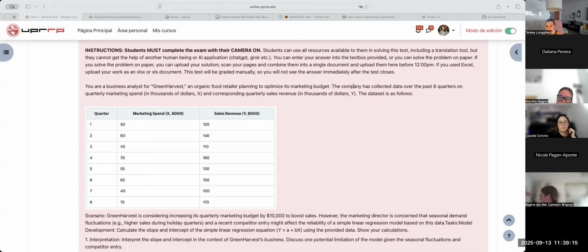And then 50. Let me move this. It's getting really dark in here. I have to turn lights on. You guys can't see it.